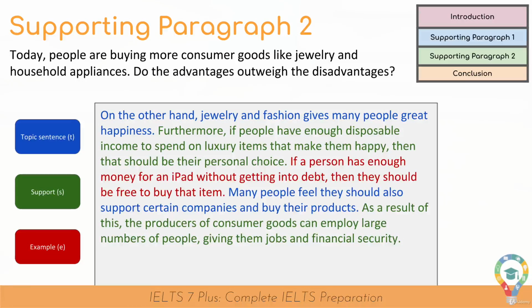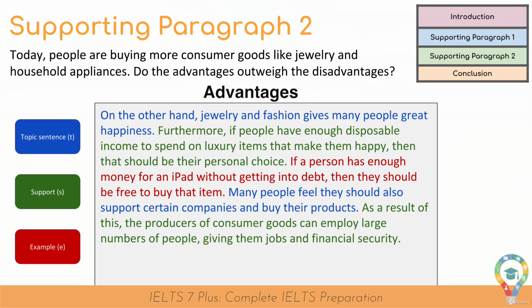On the other hand, jewellery and fashion gives many people great happiness. Furthermore, if people have enough disposable income to spend on luxury items that make them happy, then that should be their personal choice. If a person has enough money for an iPad without getting into debt, then they should be free to buy that item.